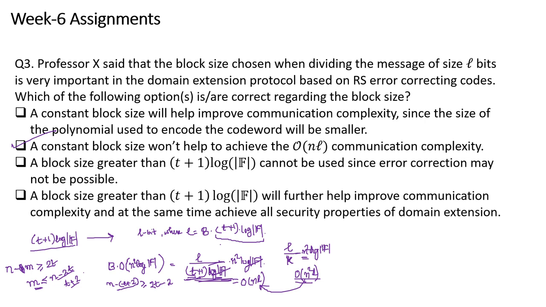But this value 2t minus 2 is not greater than 2t. We require that codeword size minus data word size remain greater than or equal to 2t in order to ensure correct RS decoding. So this is a true statement: a block size greater than t plus 1 log f cannot be used, since error correction may not be possible.